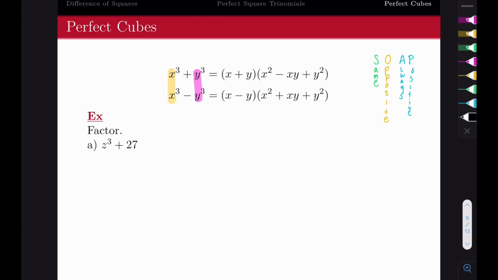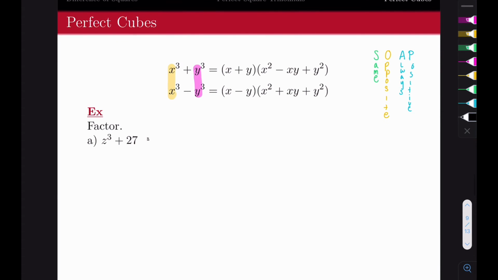So let's look at an example. We're going to start nice with z cubed plus 27, which z cubed you leave alone, but 27 you can write as 3 cubed. So in this formula, my x is going to be z, my y is going to be 3.